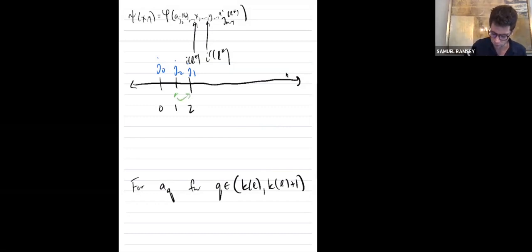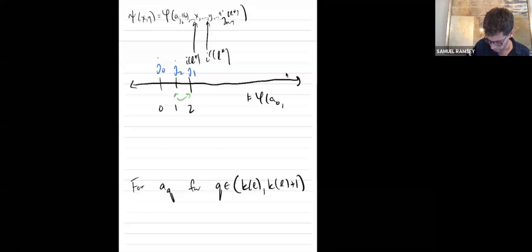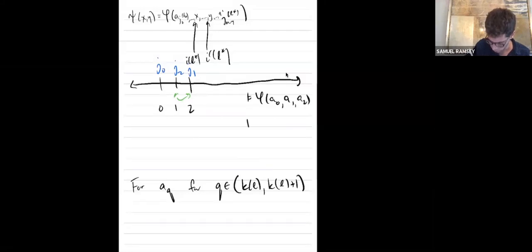So like in this picture, we would assume that, say, phi A0, A1, A2 is true, and phi A0, A2, A1 is false.